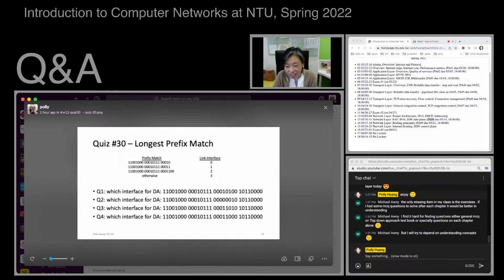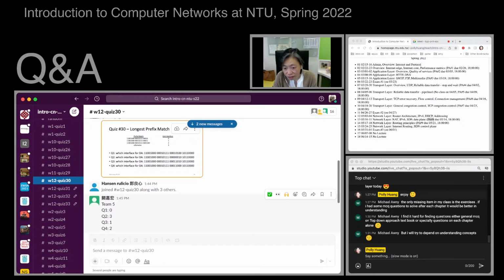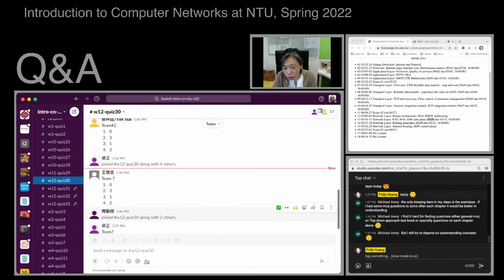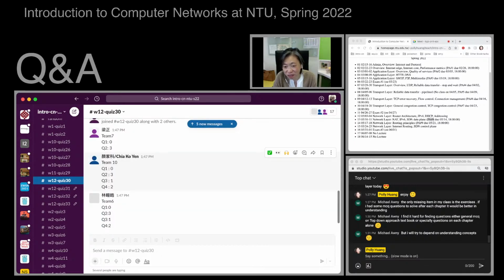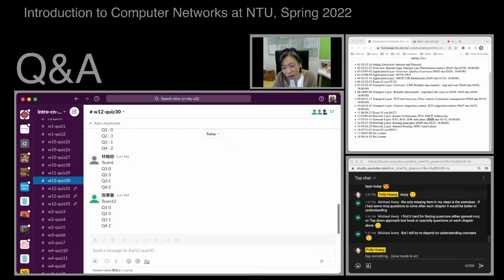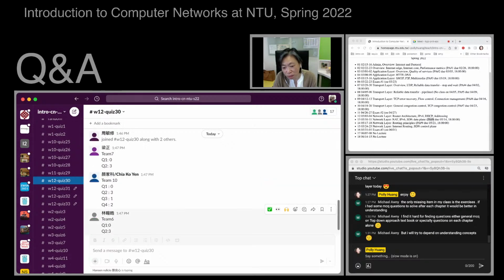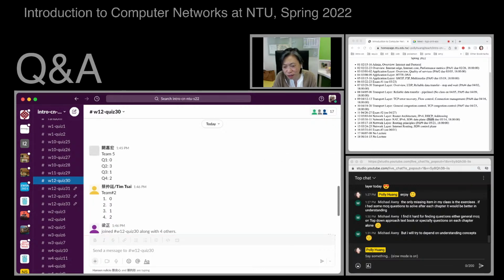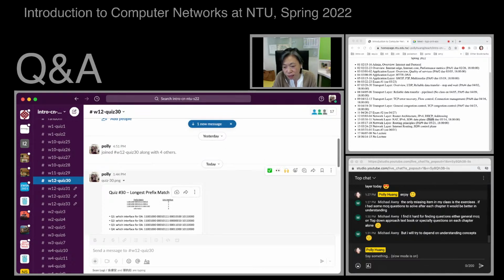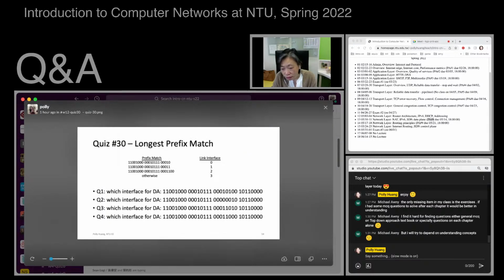Okay. Let's see. Yeah, more of you responded. Good. I see that some of you are taking your time too. Oh, okay, good. And you guys all came up with 0, 3, 1, 2. Okay, let's see Q2, whether it's going to port 3. Q2, first 12 bits matching.